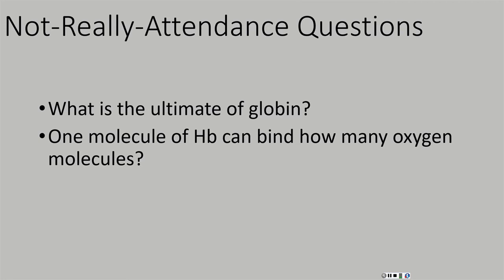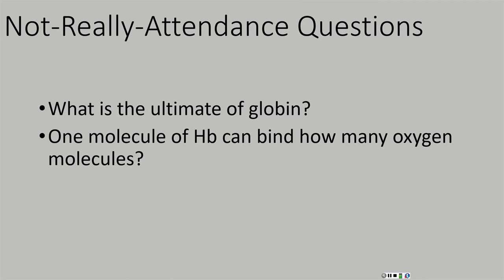So, what is the ultimate fate of globin? Globin, remember, is the protein portion of the hemoglobin molecule. And when an erythrocyte has served its life and it's being destroyed, that hemoglobin is going to be broken down into heme and globin, and the globin, the protein portion, is broken down even further.